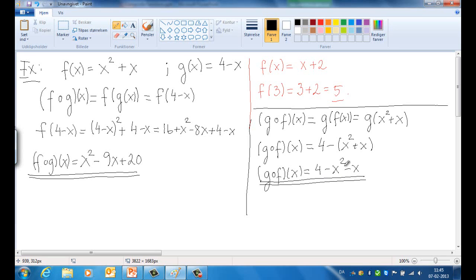As we can see already looking at the two expressions, these two functions are totally different. Let's look at one example where we figure out the function values for these two composite functions when, let's say, x is equal to 2, just to illustrate that these two functions are totally different ones.